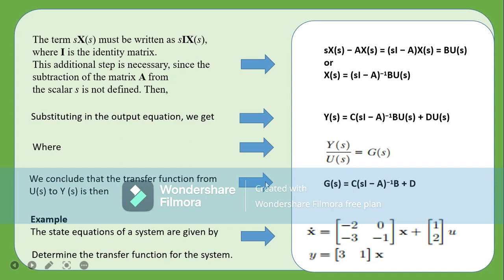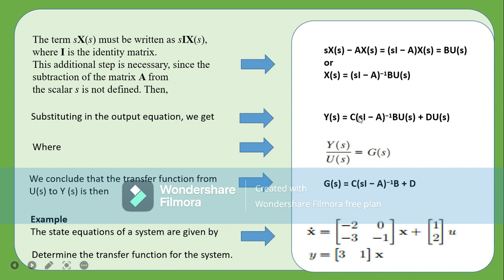So we say G of x is equal to this whole expression divided by what? U of x. Of course, when we divide that by u of x, you see, this will go, that will go.